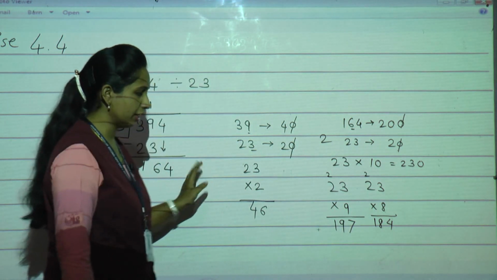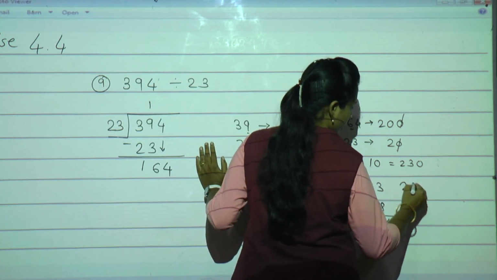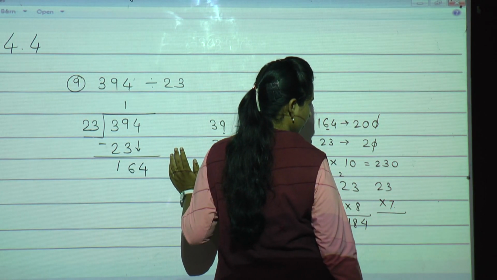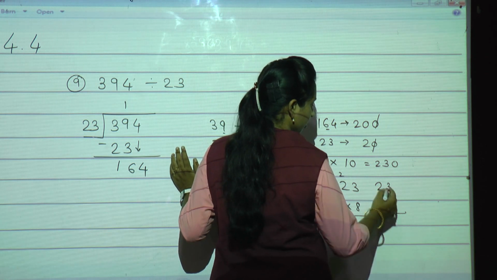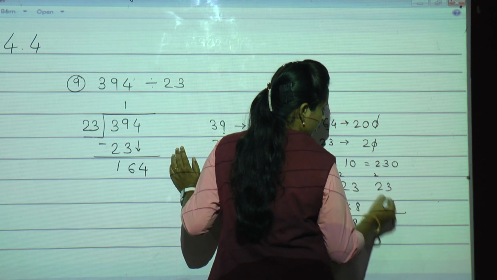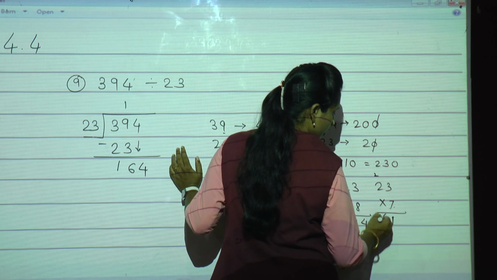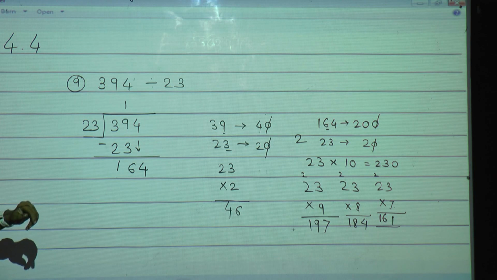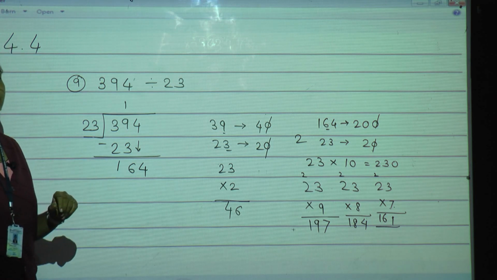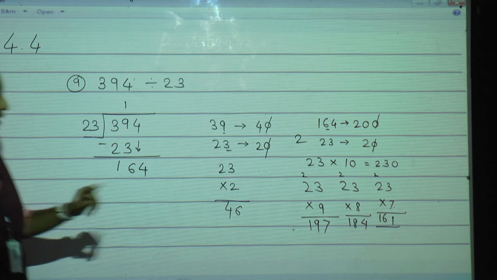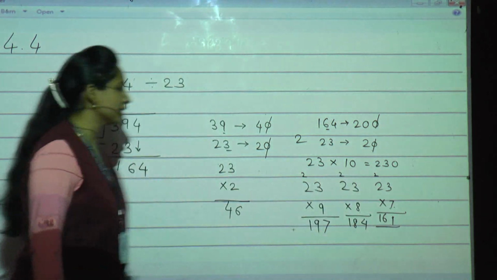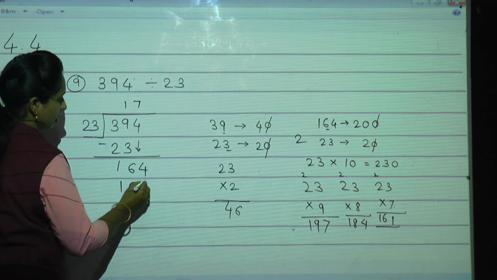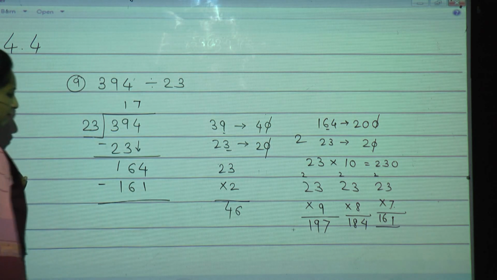Again this also we cannot take, so go one less. 23 times 7. 7 3s are 21. 7 2s are 14, 14 plus 2, 16. See, now we got 161. So 161 is less than 164. So how many times 23? 7 times 23 means 161. So 7 times 23 is 161, which can go from 164.